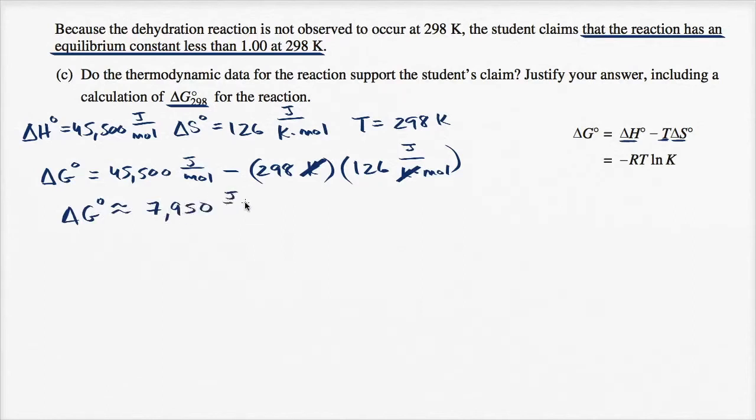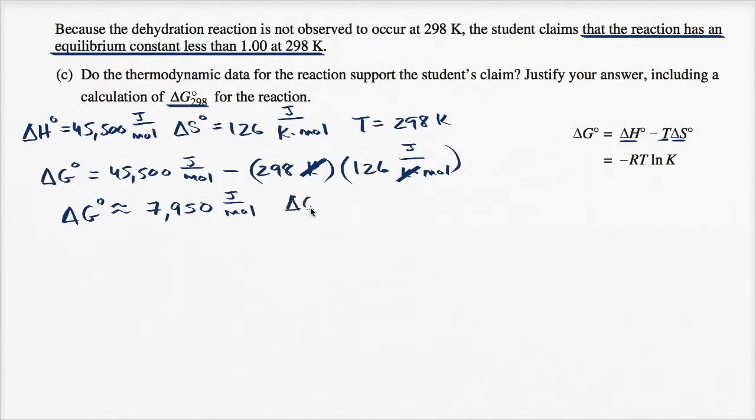7,950 joules per mole. And the fact that this is greater than 0 tells us that this is not going to be spontaneous at that temperature. So it's already consistent with our observations. And that's always a good reality check: are the things that you're seeing consistent with what the question is describing?